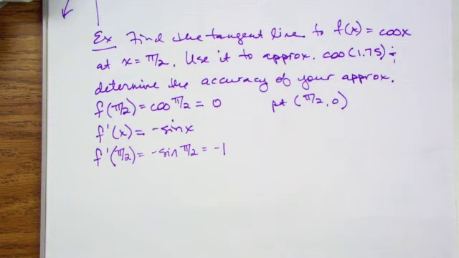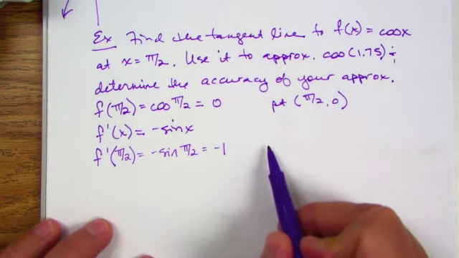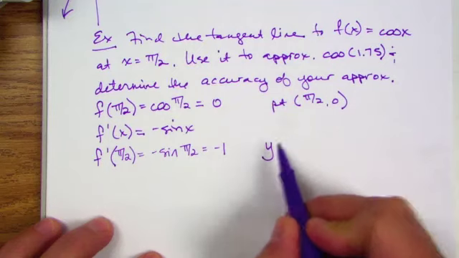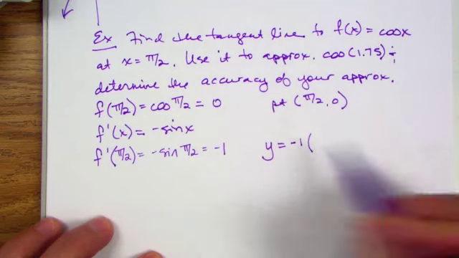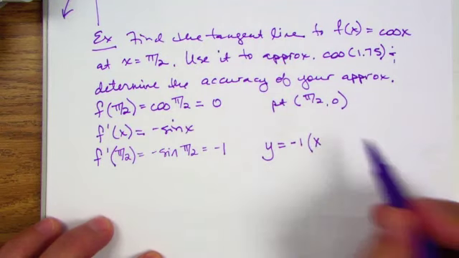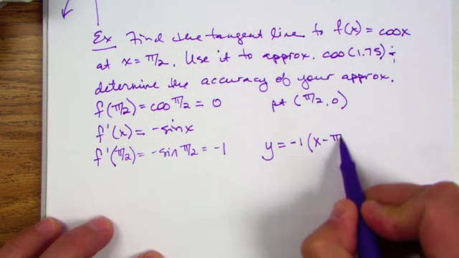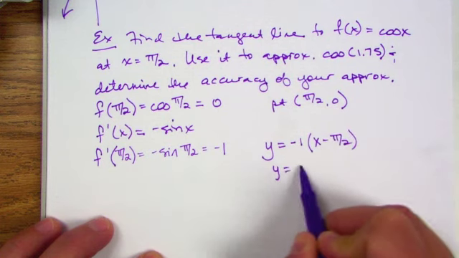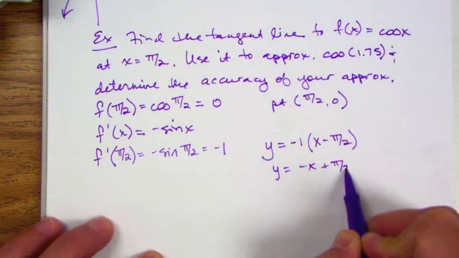And that is negative 1. So the equation of your tangent line is y equals negative x minus pi, right? Which you can make y equals negative x plus pi halves, right?